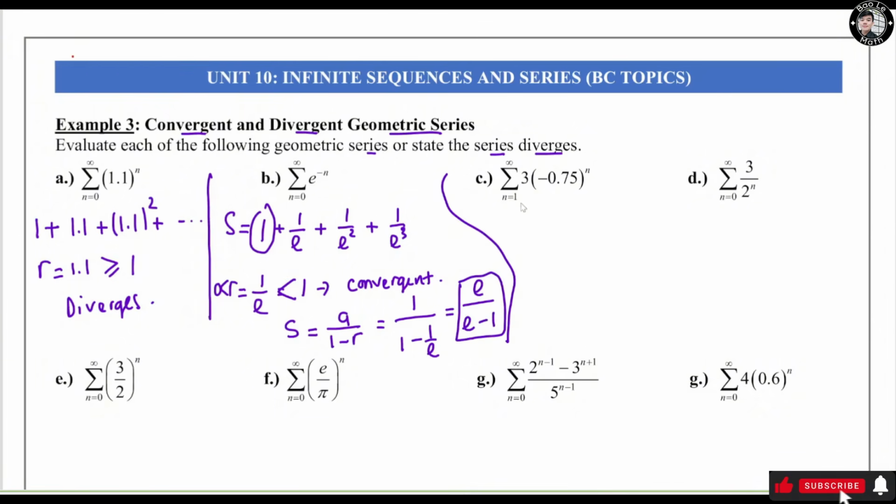Now let's take a look at question C. We need to populate this one, right?